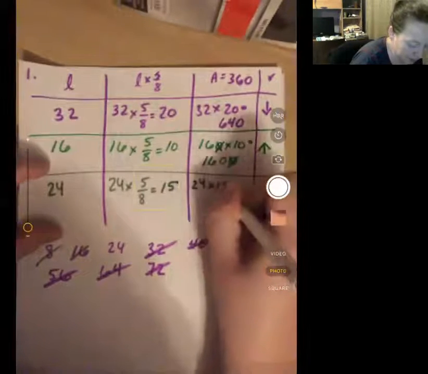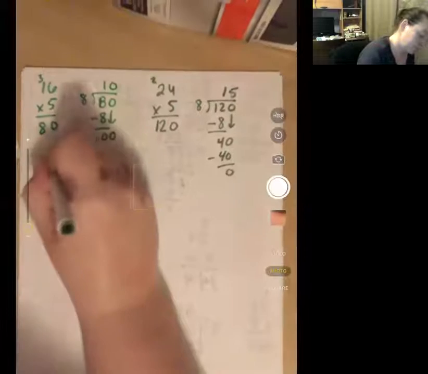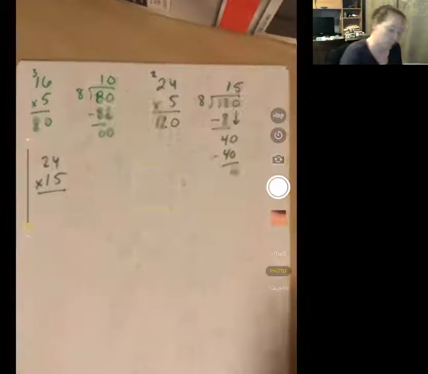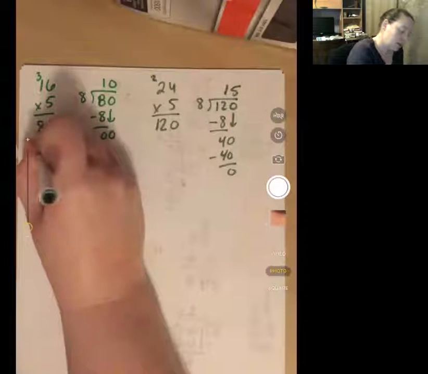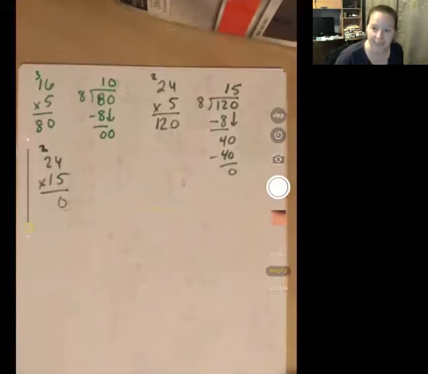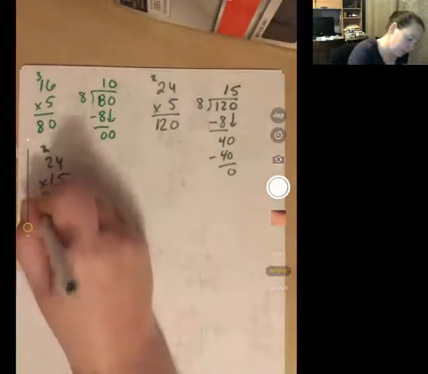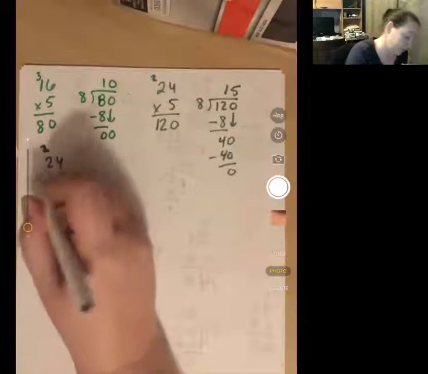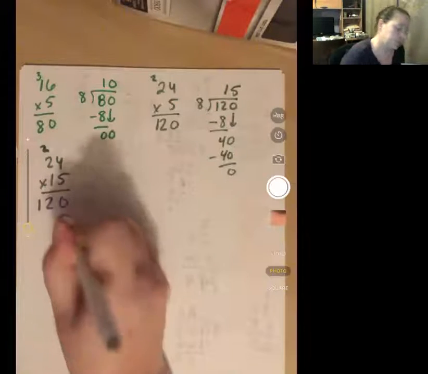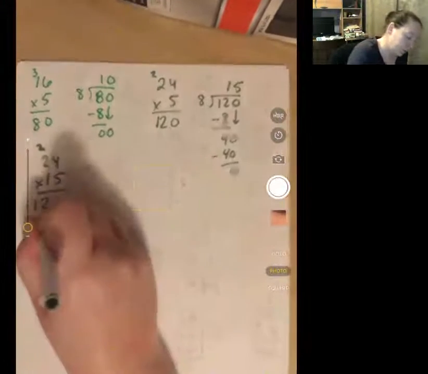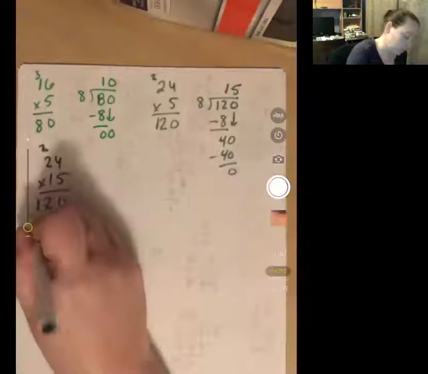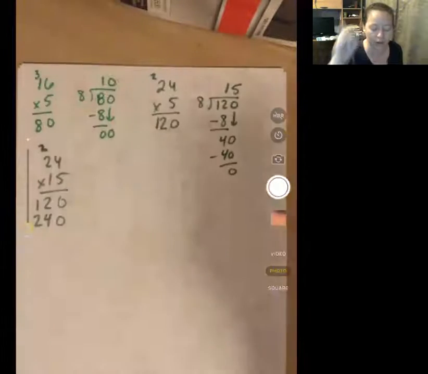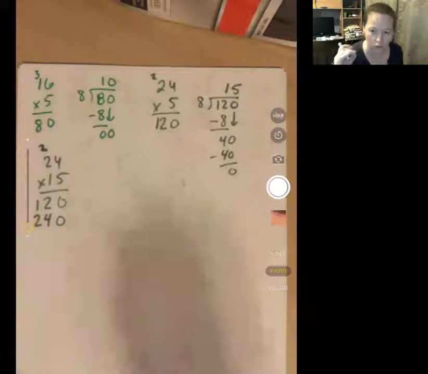24 times 15 equals 4 times 5, which is 20. 2 times 5, which is 10, plus 2, 12. Placeholder. 1 times 4 is 4. 1 times 2 is 2.